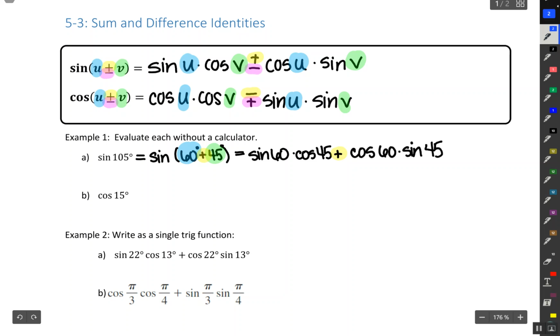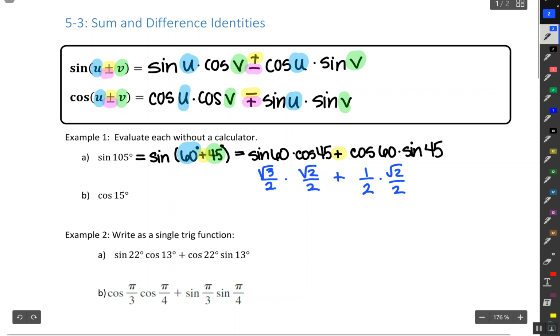The sine of 60 is root 3 over 2. The cosine of 45 is root 2 over 2. Plus the cosine of 60, which is 1/2, times the sine of 45, which is root 2 over 2.